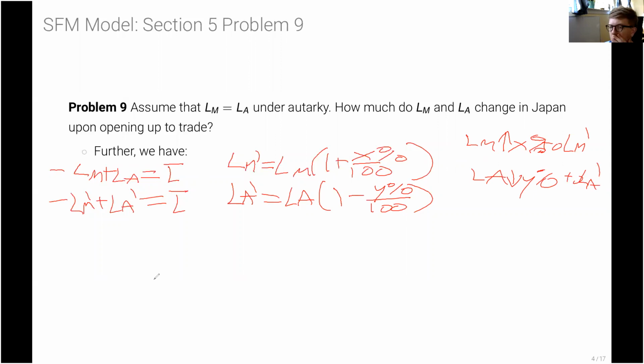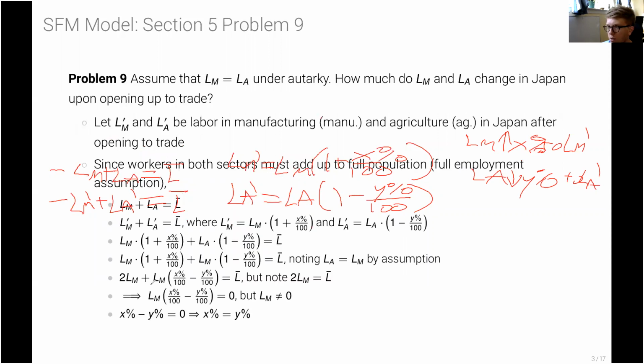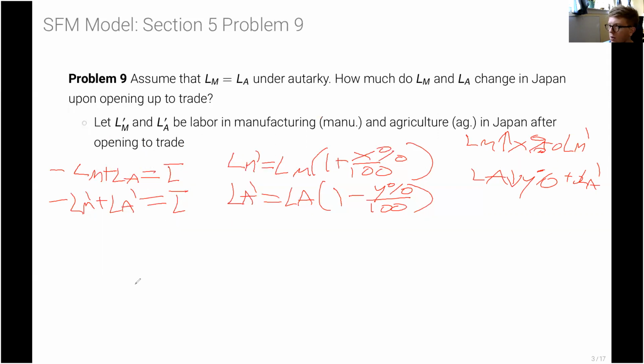Okay. So now what does that give us? Well, we can do a couple things. We can note that if we substitute in for LM prime and LA prime in our full employment expression, we can just rewrite this expression here as this.